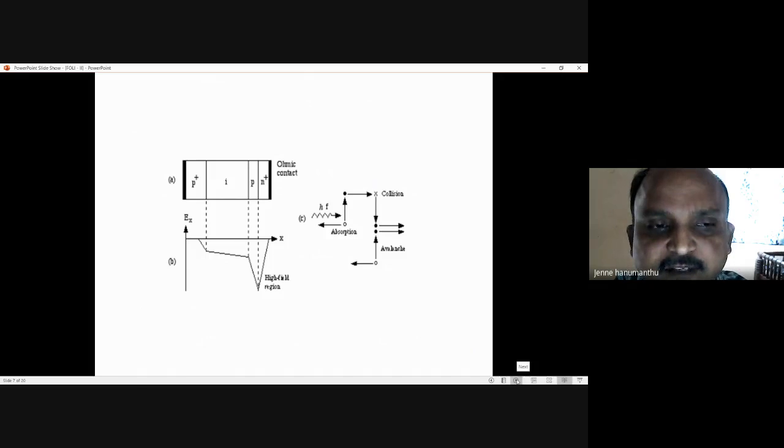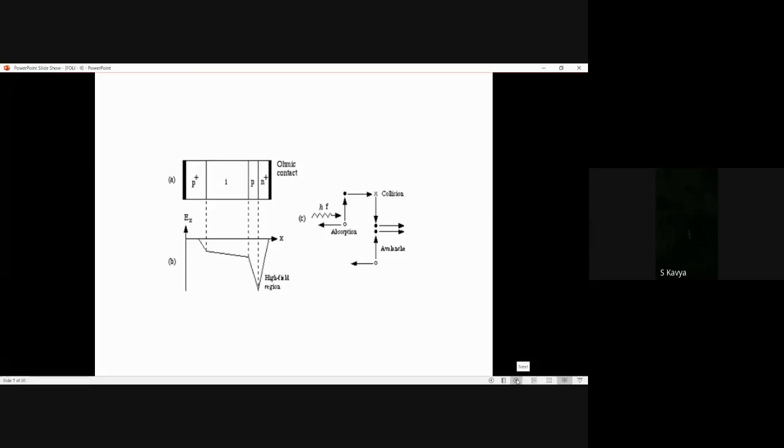Because of mobility, the carriers move towards P and towards N plus by crossing the additional reverse bias junction.